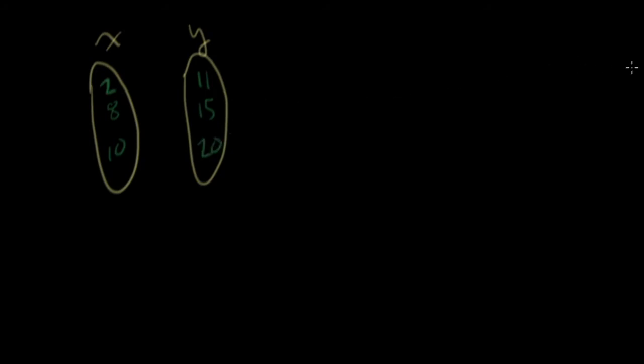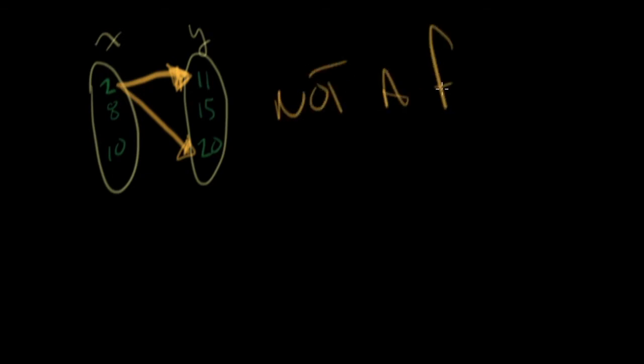And I said, when x is 2, it could be 11, or it could be 20. I'm not quite sure. So that one input has 2 outputs. Now that cannot happen. Okay, so that is not a function. Really important. So every input has to have exactly one output, but there is the opposite case.